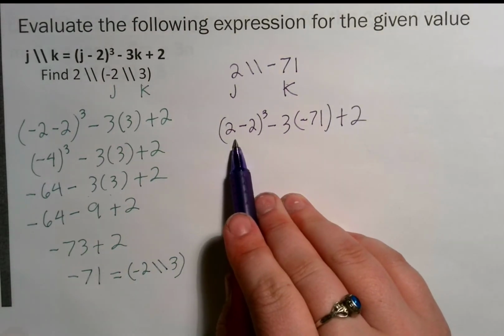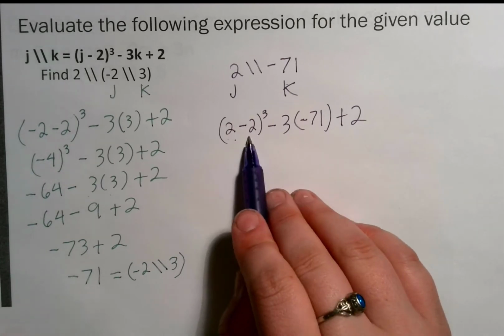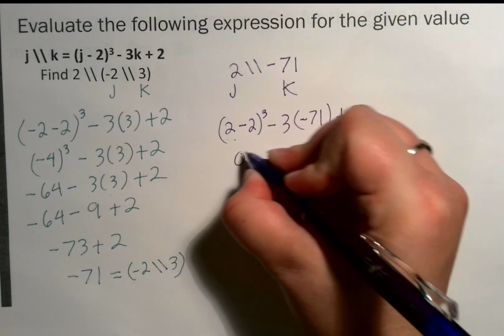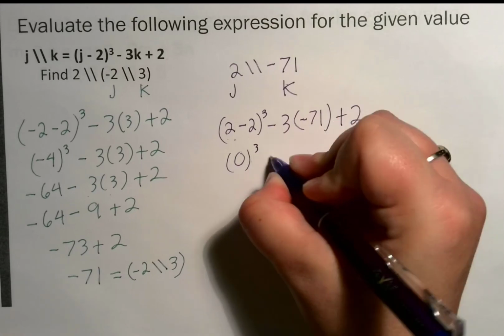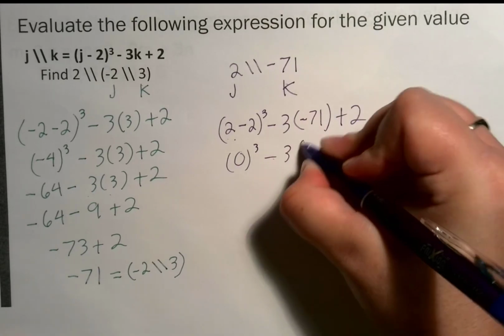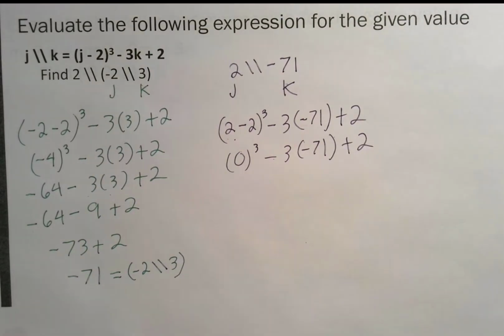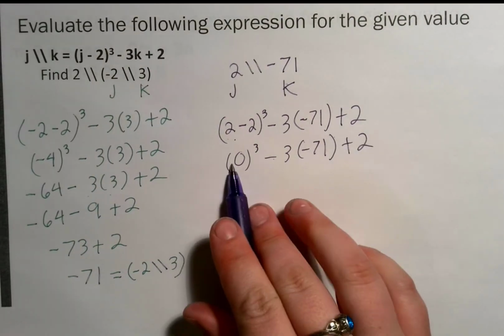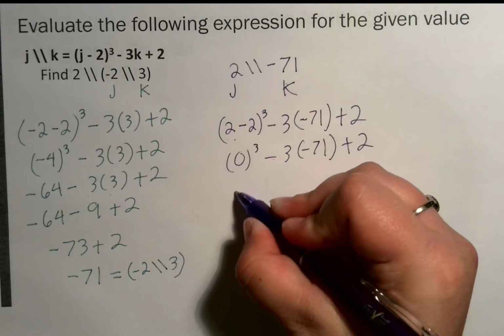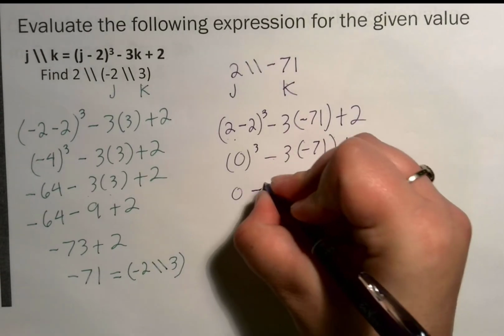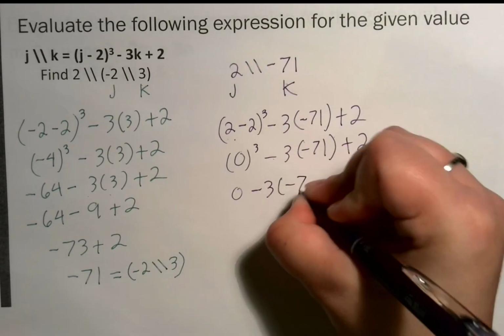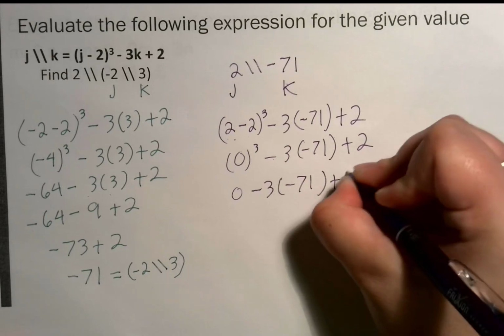We're at grouping symbols first. 2 minus 2 is 0. Cubed, minus 3 times negative 71, plus 2. 0 cubed is just 0, minus 3 times negative 71, plus 2.